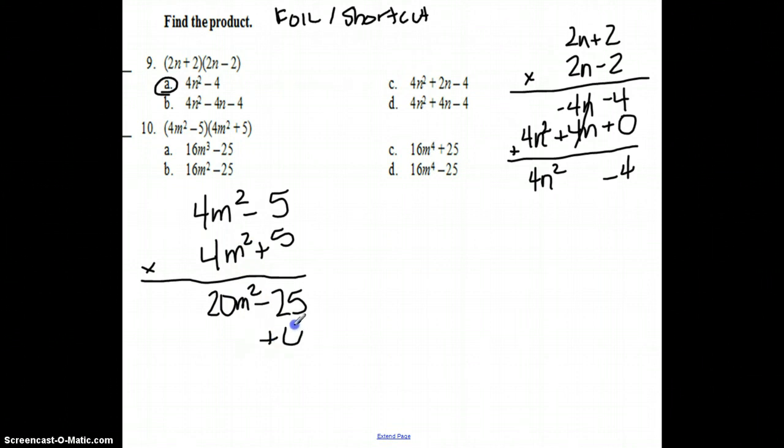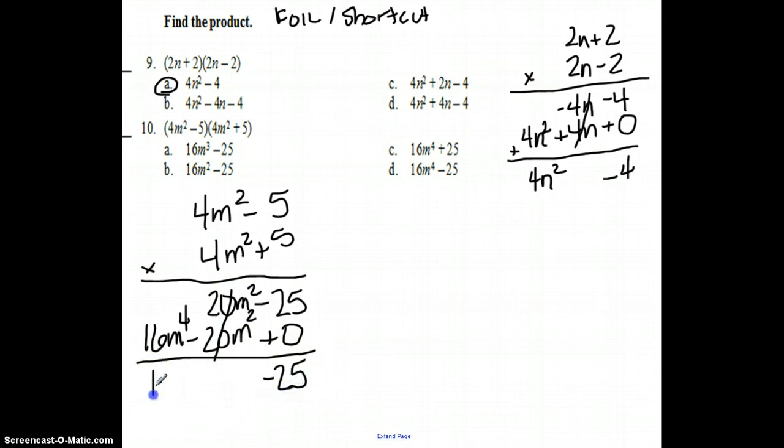Add a 0. 4m squared times negative 5 is negative 20m squared. 4m squared times 4m squared is 16m to the 4th. So those totaled, these will cancel. Be left with negative 25 here and 16m to the 4th here. So in your answers, that means that on 10, my answer is going to be D.